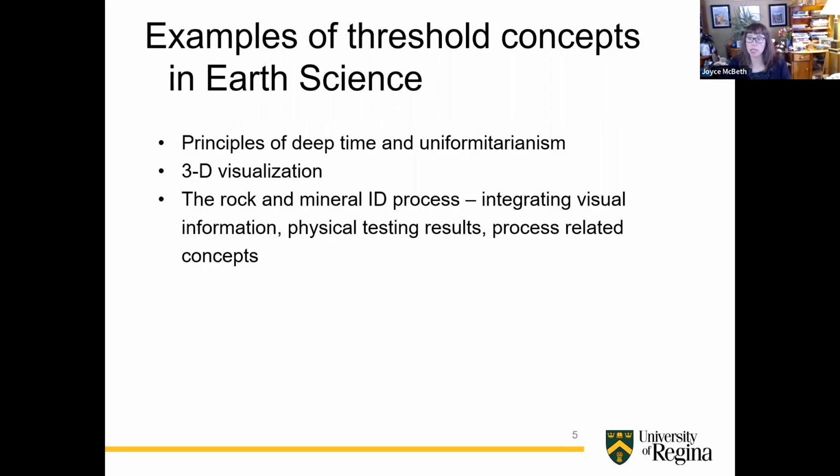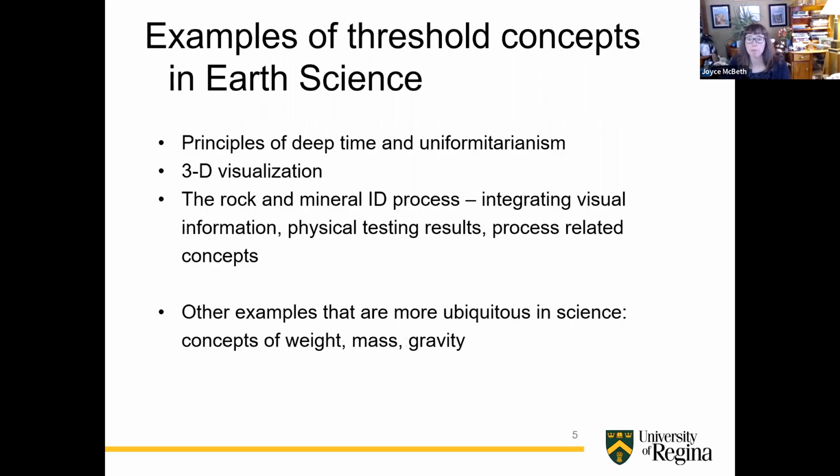That's all integrated together. And this is quite a challenging process that is, it's not like a single threshold, it's a whole bunch of thresholds all pulled together. And it involves both the kinesthetic part, the visual part, all of this coming together, and the concept of the processes. So it's really complex. And this is something we address in this course as well.